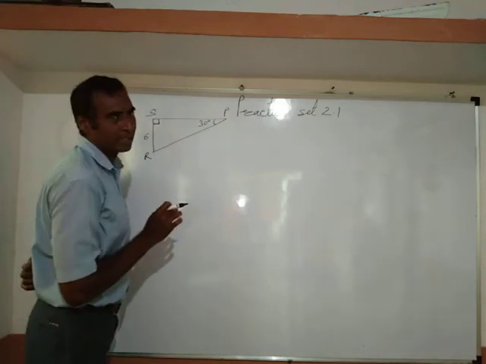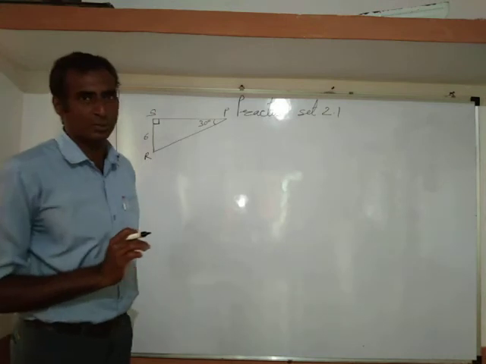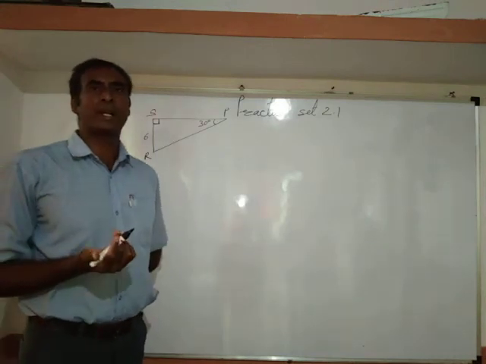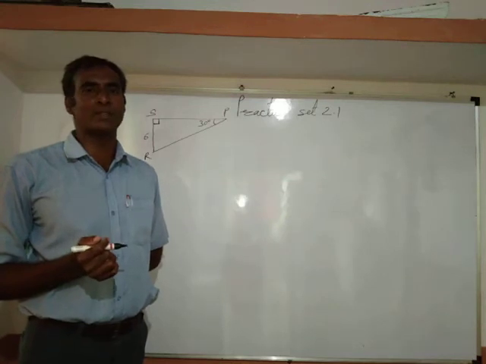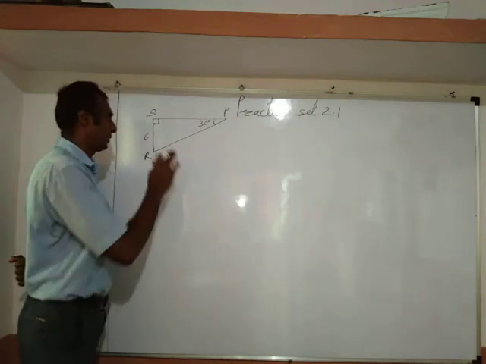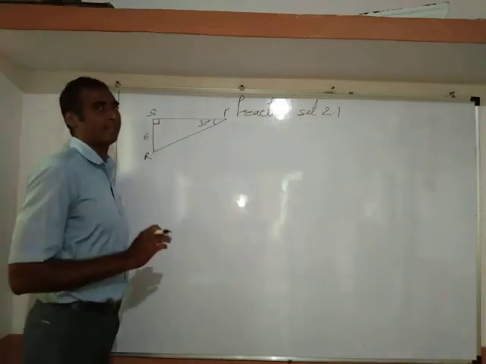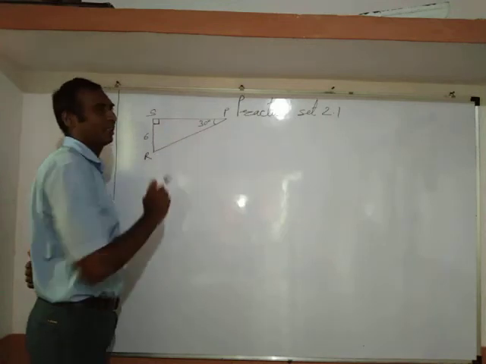The second angle measures 30 degrees. 90 plus 30 gives us 120. We know the angle sum property of a triangle: the sum of the measures of the angles of a triangle is 180 degrees. 180 minus 120 gives us 60 degrees. It means the third angle must measure 60 degrees.